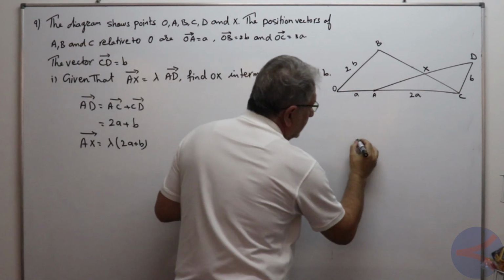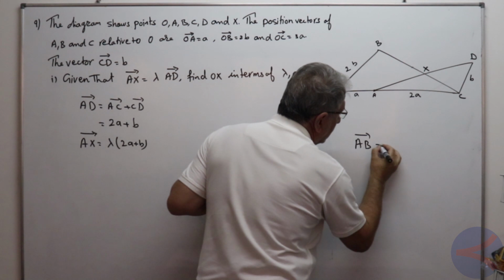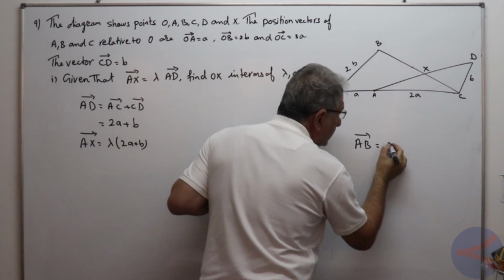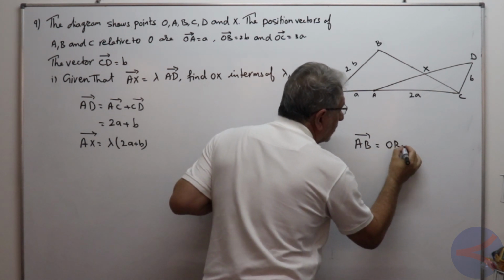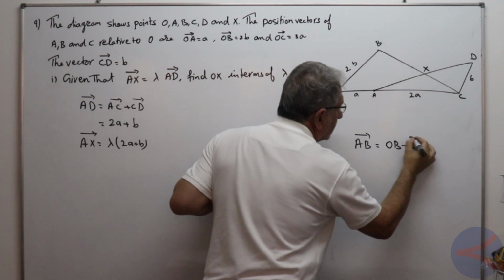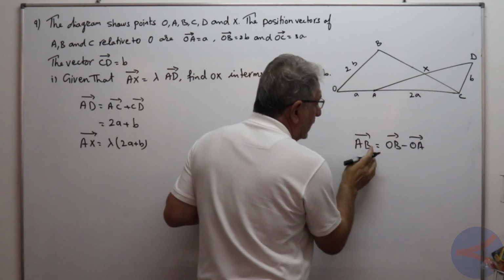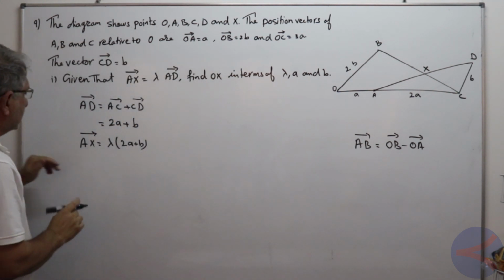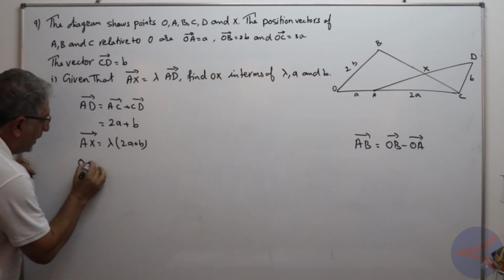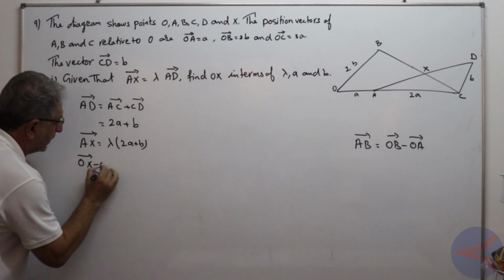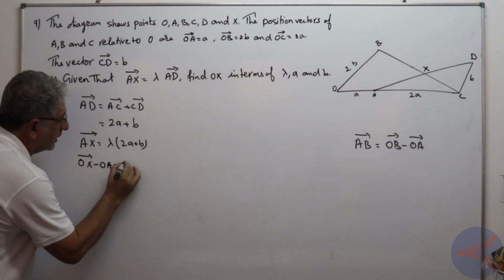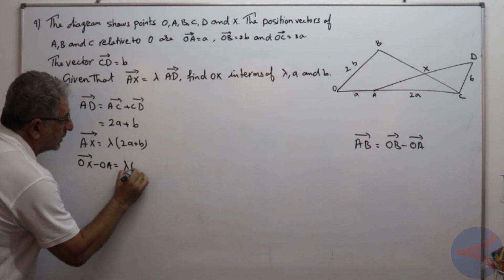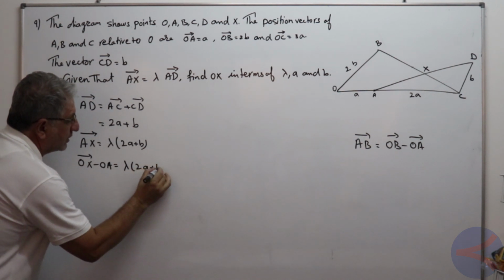You know that any vector AB is equal to OB minus OA, end point minus starting point. Therefore, this can be written as OX minus OA is lambda times 2a plus b.